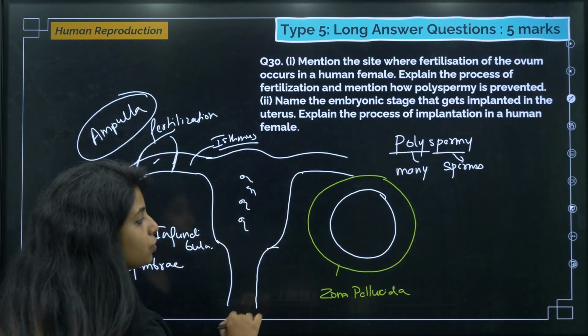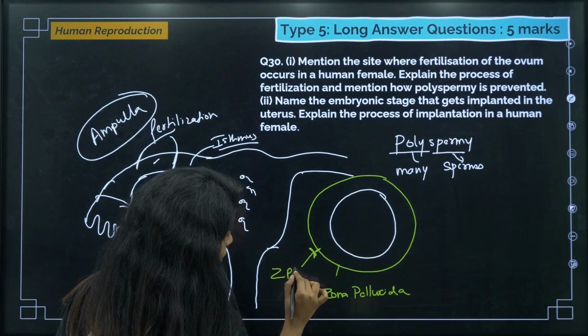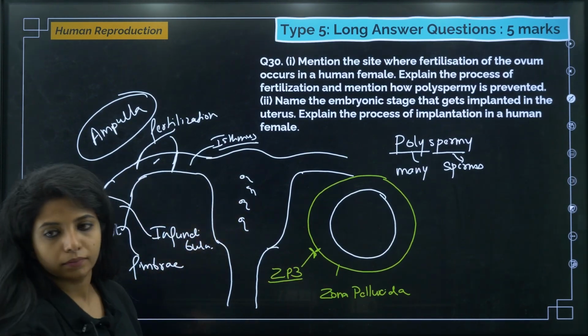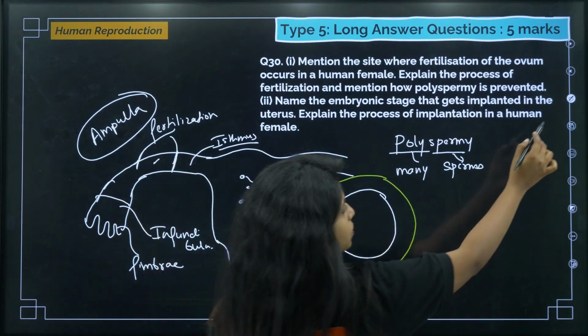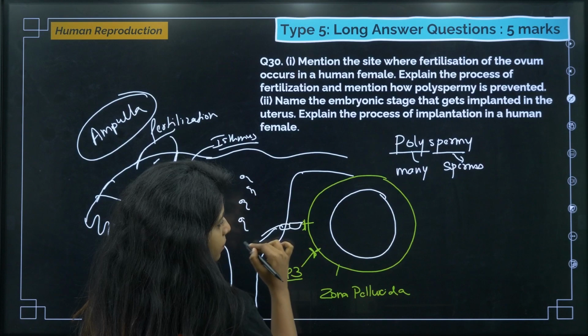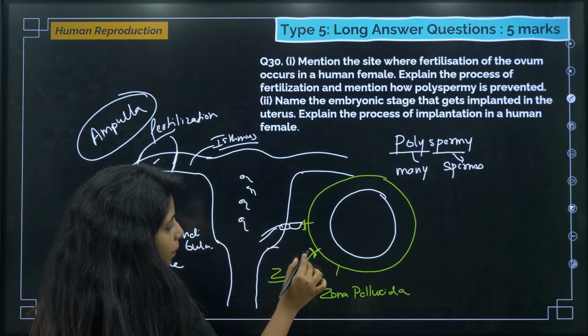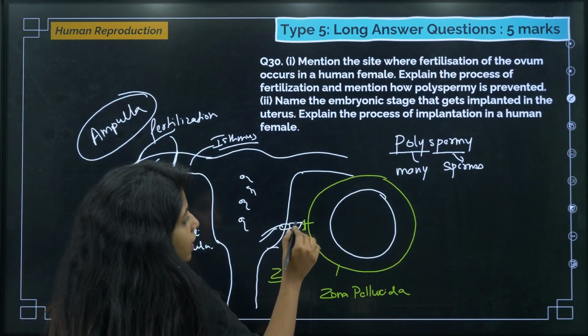Now the zona pellucida layer has certain receptors over it. You call these ZP3 receptors. The sperm will come and bind on these ZP3 receptors.